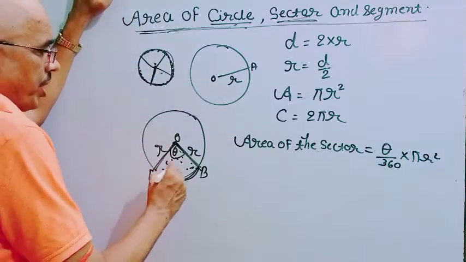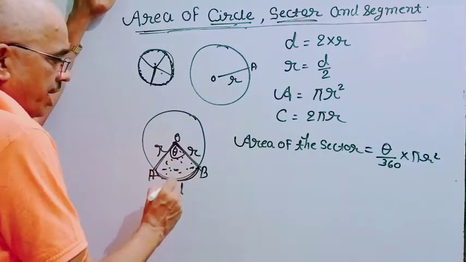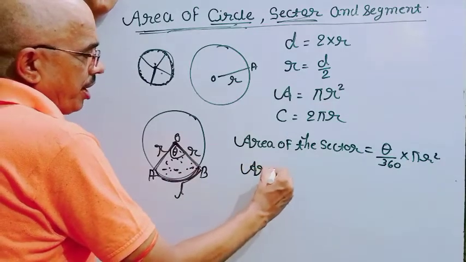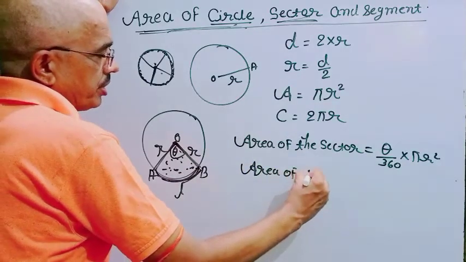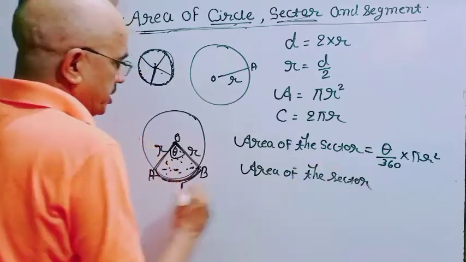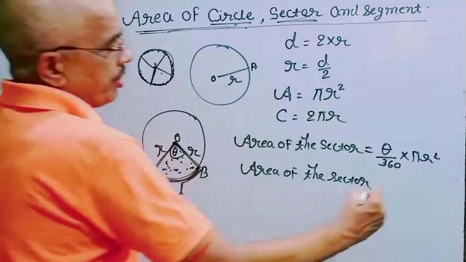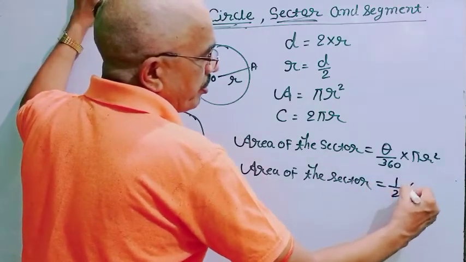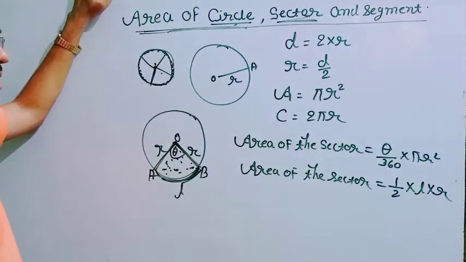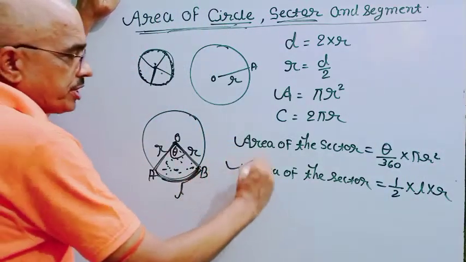Next, there is also another formula for the area of the sector. When the length of the arc is given, that is L, then you can use 1 by 2 into L into R. When the length of the arc and radius are given, use this formula.